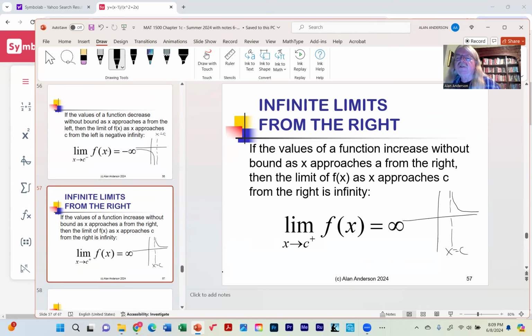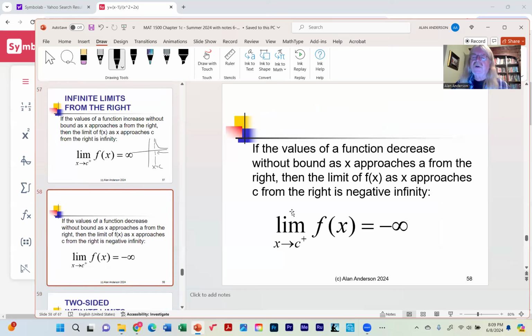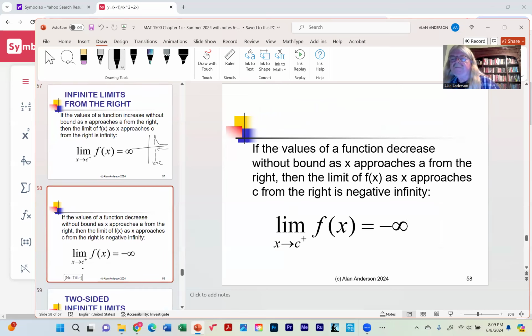It'll look something like this. As you come from the right, y is getting really, really large, and it is converging to infinity. And then we can also have this case. It's just shrinking and shrinking and shrinking forever.